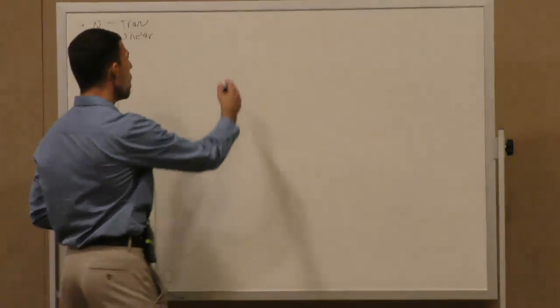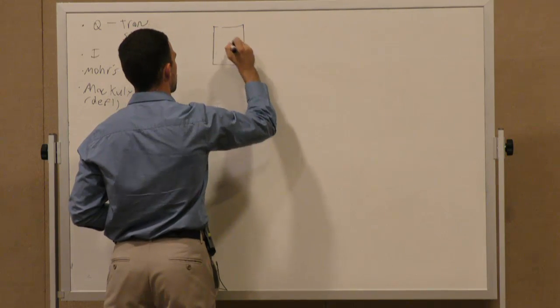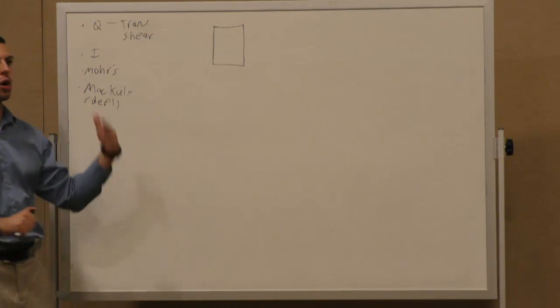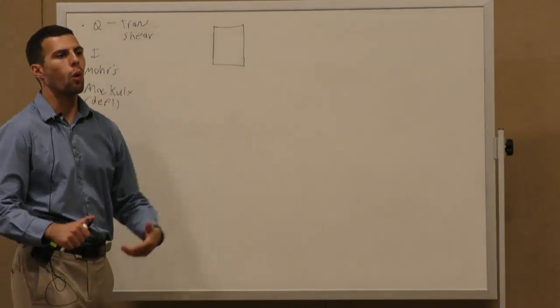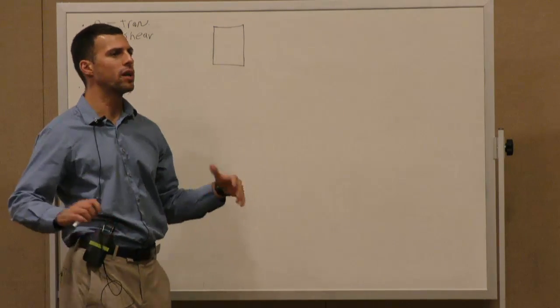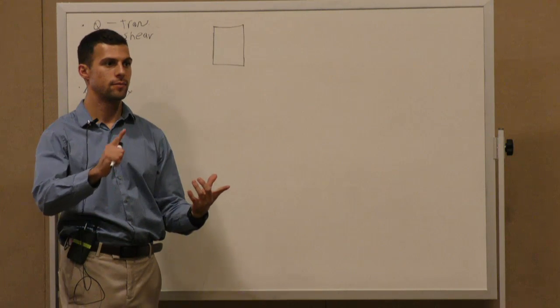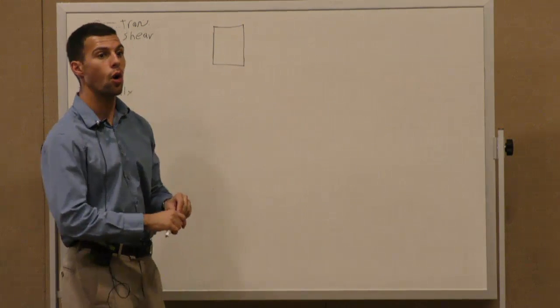So when we are doing transverse shear, right, we have some cross-section. In this case, I'm going to start with the generic rectangle. So what is Q, right? First of all, how does it factor into the equation? What equation uses Q? Right, VQ over IT, right?